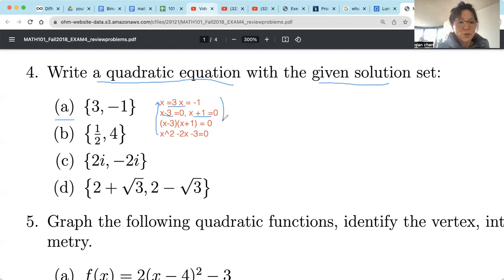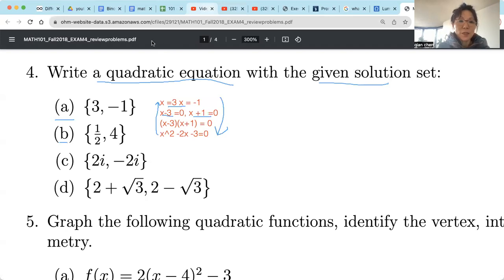This kind of question just goes upwards, the opposite way. So we start with x equals 3, x equals -1. We rewrite it as the equations x minus 3 equals 0, x plus 1 equals 0. Then we put them together because 0 times 0 would be 0, right? We expand.